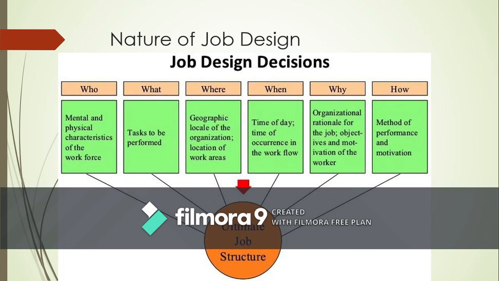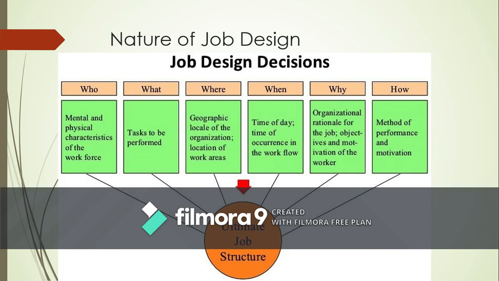Then where, as I told you, industries usually have different plants at various places, like the geographical locale of the organization, location of the work areas. So there should be a specific mention of in which factory or in which location and in which department he is going to work.